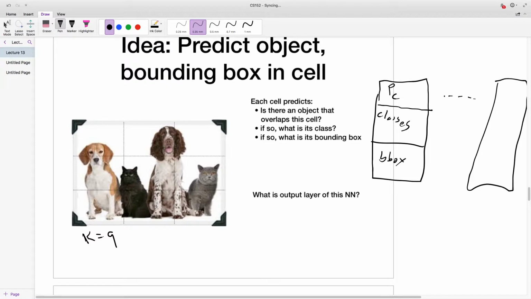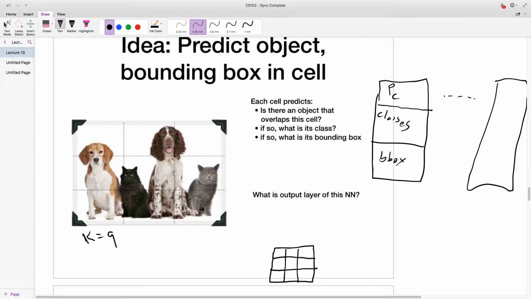In fact, let's look at another way to view this. We're going to probably use a CNN to do this, right? What if we had our output of our CNN be 3 by 3? 3 by 3 by what? How many features do we want at the output layer? 5. Where do we get 5? Oh, plus the bounding box?